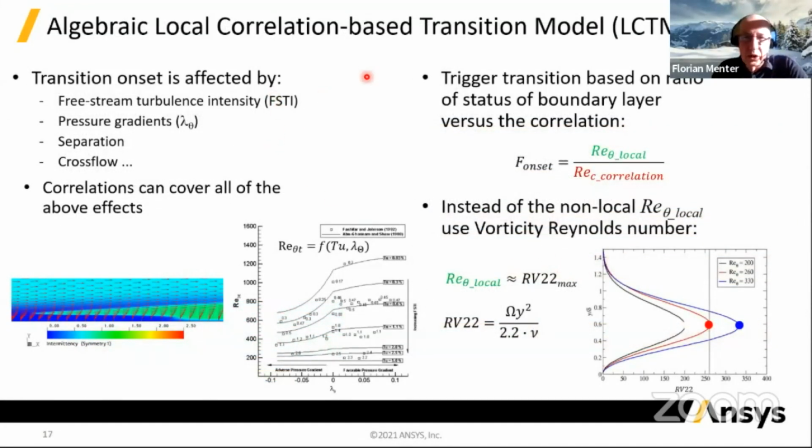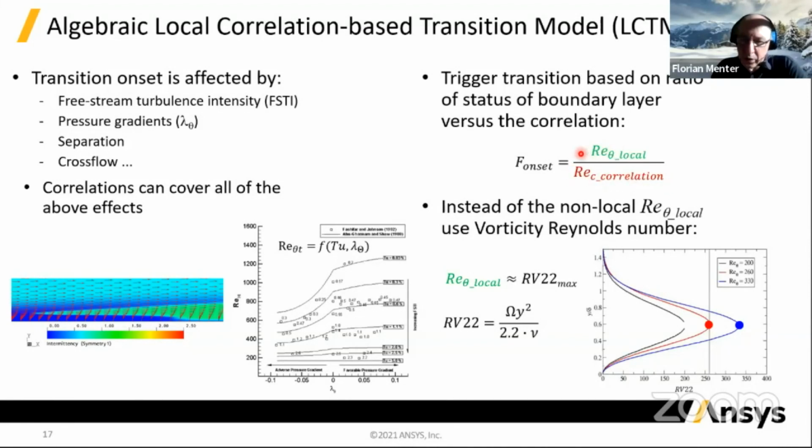Now, the way these correlation-based models work is you build a ratio. In the numerator, you have the actual current state of the boundary layer at the place where you are, and that's represented by a Reynolds number based on the boundary layer thickness, and you divide that by a correlation which tells you when the boundary layer should transition.